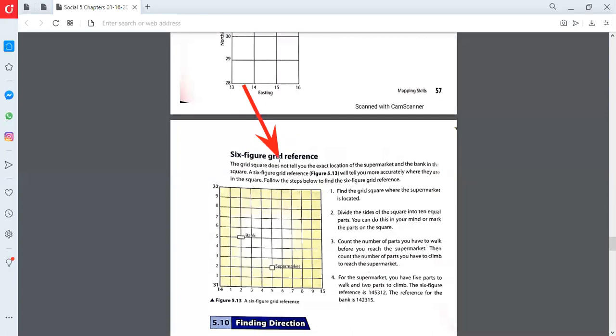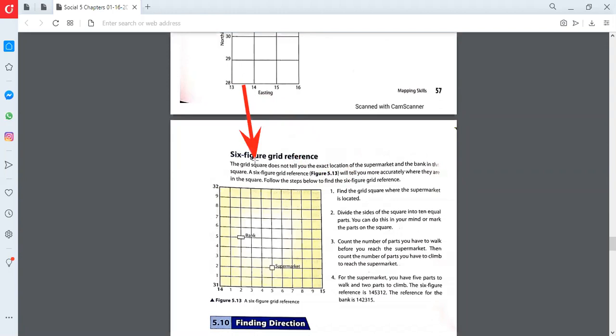A grid square does not tell you the exact location of the supermarket. See, as I told you, they are not telling you the exact location. They are just giving you an idea. A six figure grid reference will tell you more accurately, but not exactly. They are going near to accuracy.